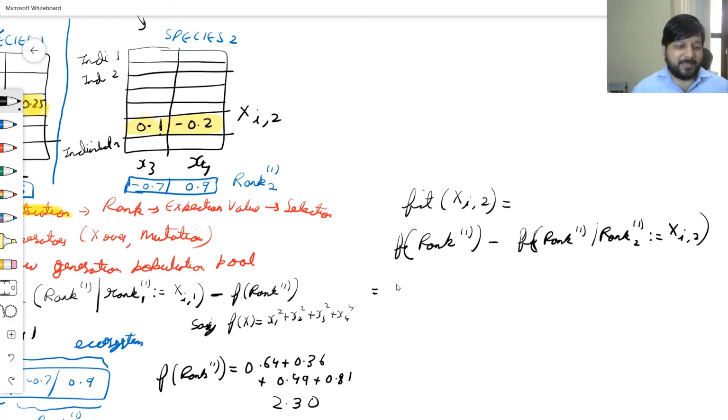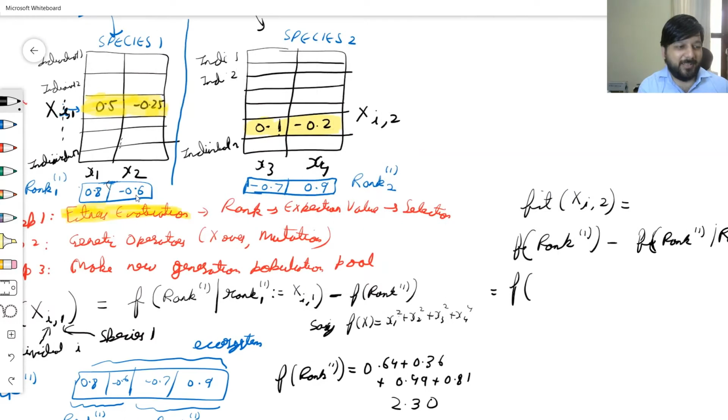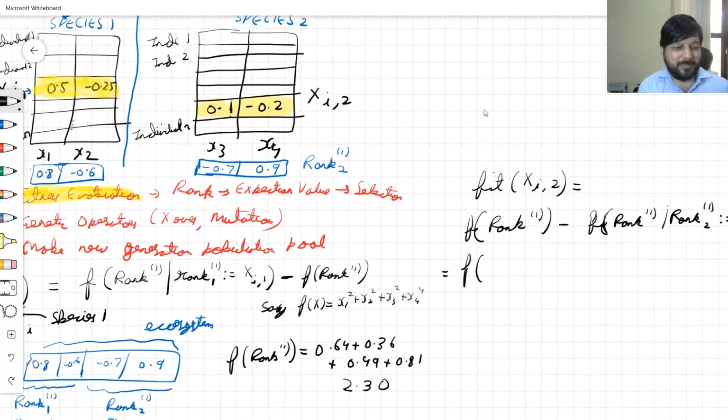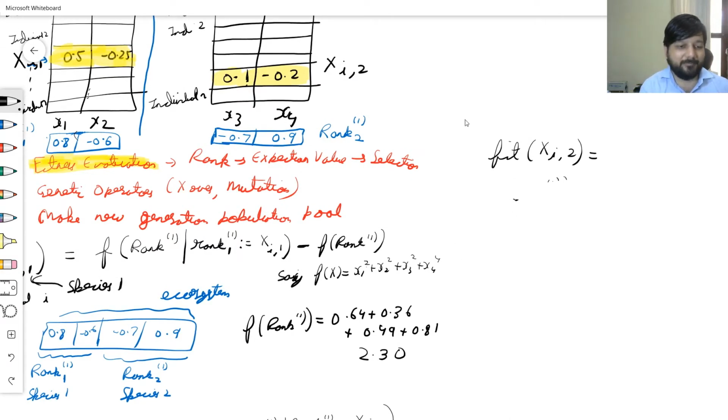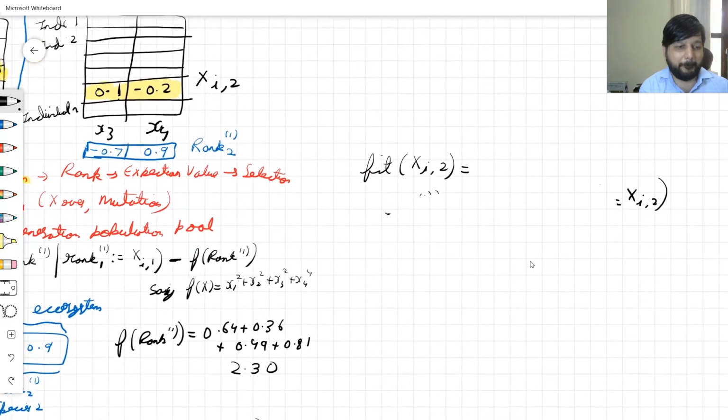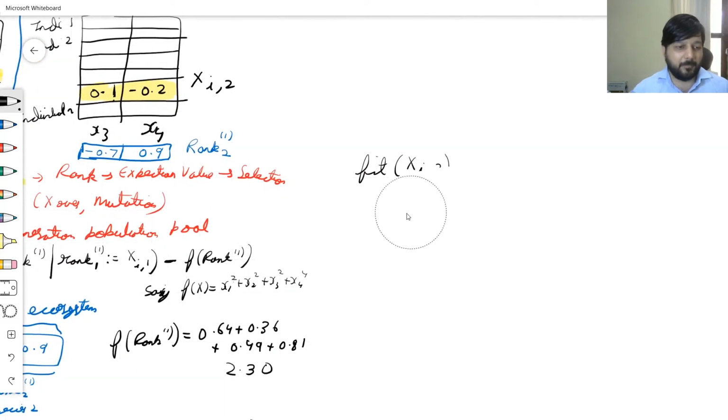So this is what are the representatives. So what are the representatives? It's 0.8. Oops, the other way around. So let's do this thing again. So I need to calculate fi2, the ith individual from the species 2.